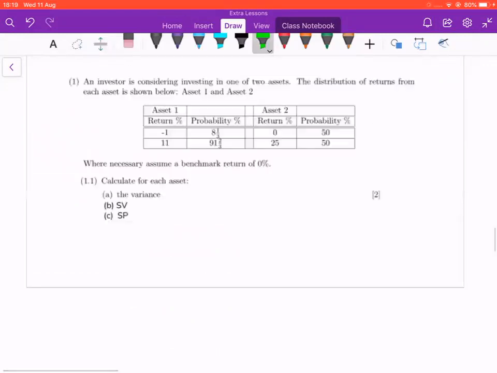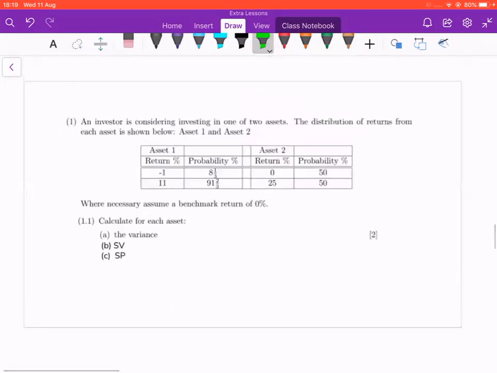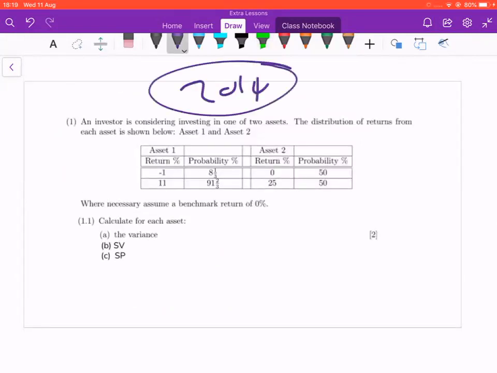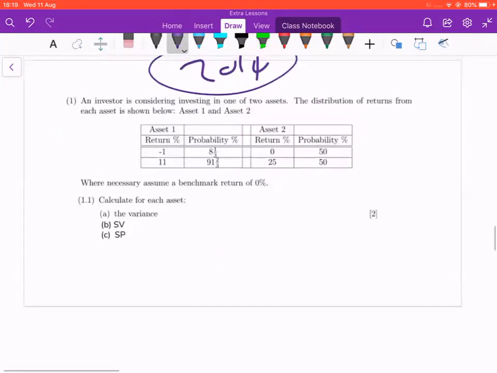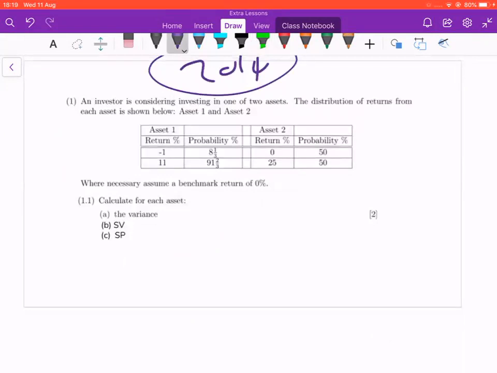I think this one is from the 2014 exam. So anyway, an investor is considering investing in one of two assets. The distribution of the return for each is shown below, asset 1 and asset 2. So they want you to calculate the variance.